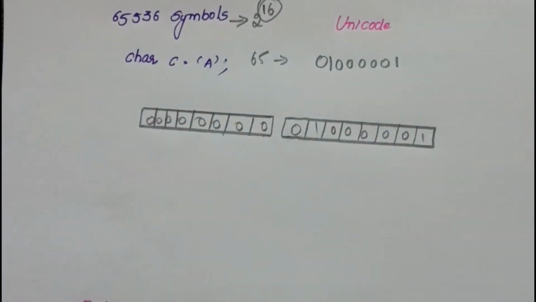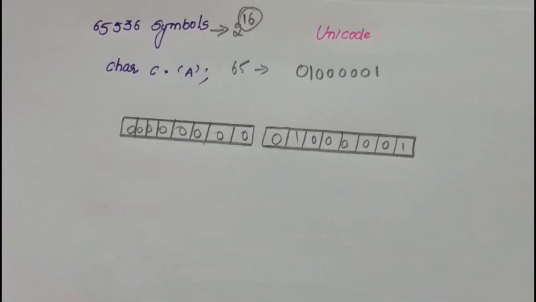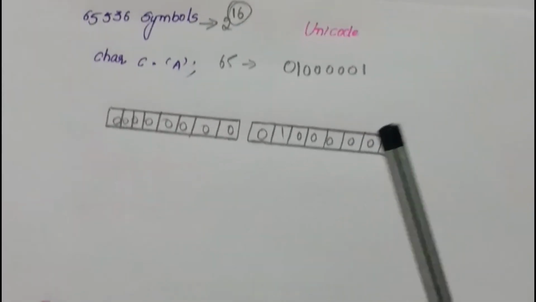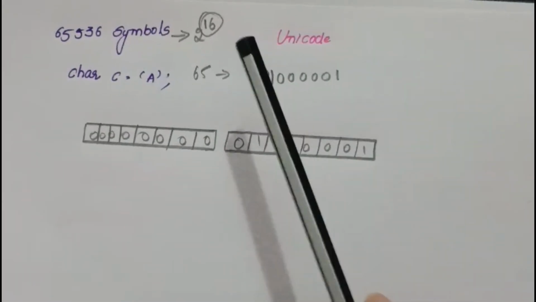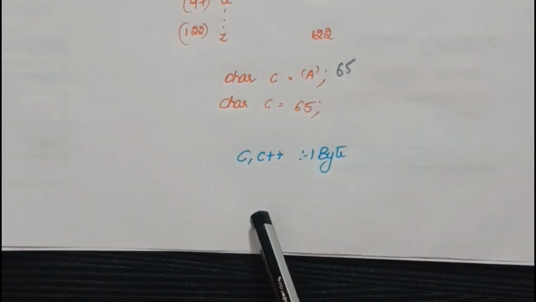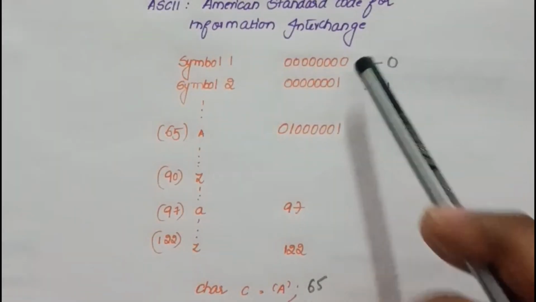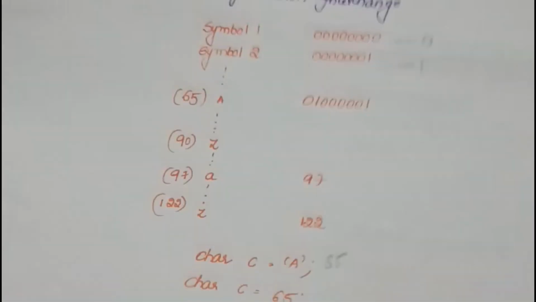In this way, Java allocates 2 bytes of memory for the character data type. Java uses Unicode format to assign values to symbols. C and C++ use ASCII values, so they assign only 1 byte of memory to the character data type.